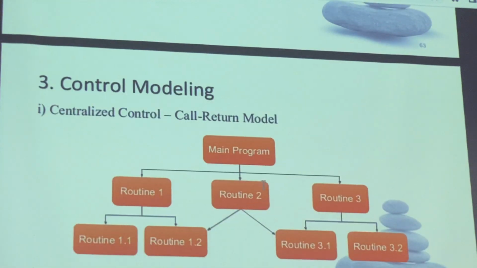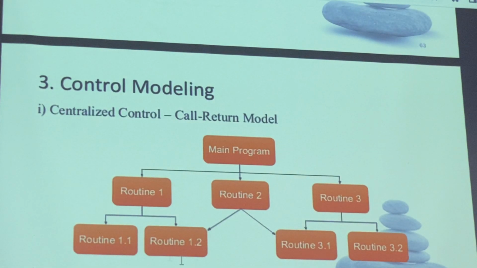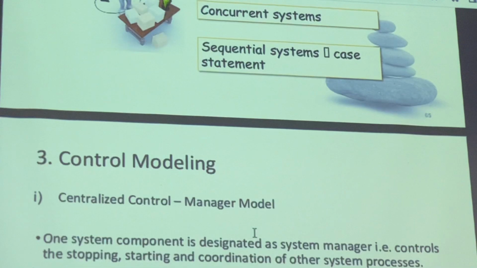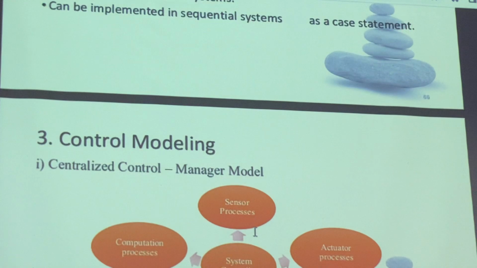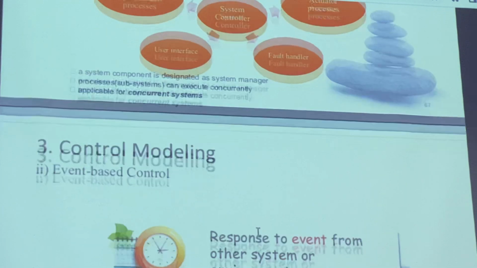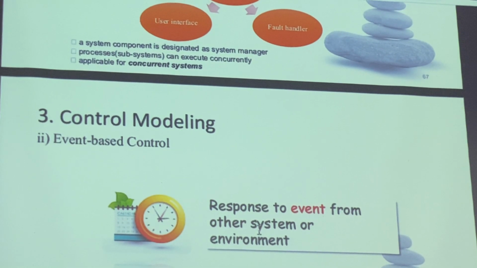So this is how it works, the sequential. This one you can read as centralized control. The other one is event-based control. Just now was centralized control, the next one is event-based.